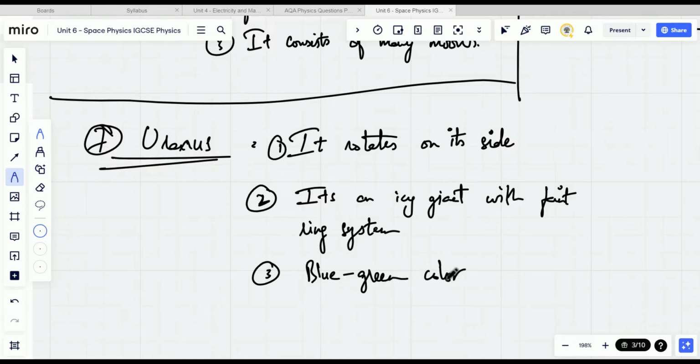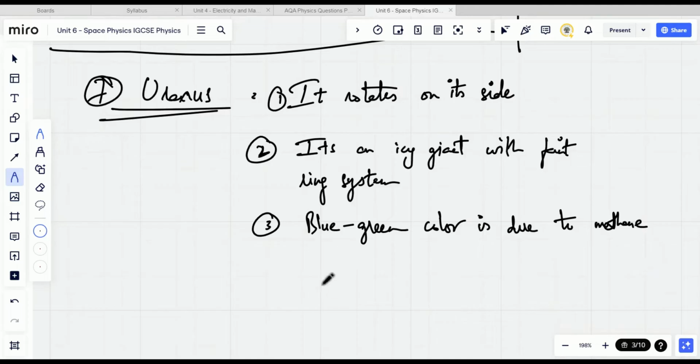Any reason why? Because there is a lot of methane in its atmosphere. And I hope you all remember what methane is. You are all familiar with the word methane, right? The gas that we get at home. Organic chemistry, we studied it in detail. So its blue green color is due to methane in its atmosphere.